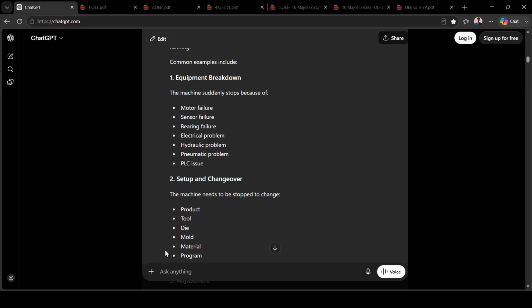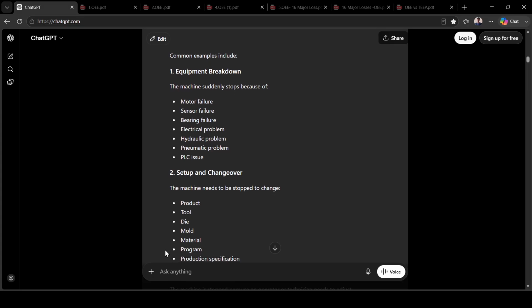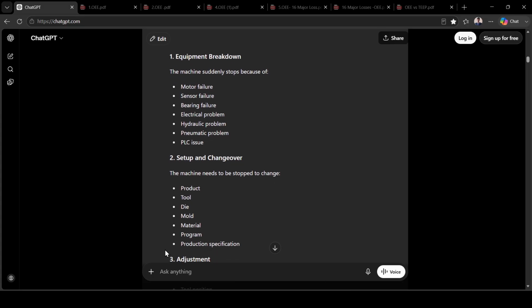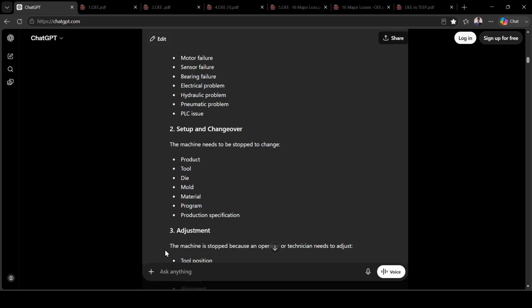This is the equipment breakdown, the first one, and the second one is setup and changeover. The machine needs to be stopped to change product, tool, die, mold, material, program, or production specification.